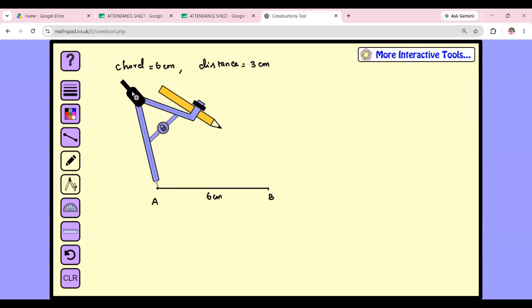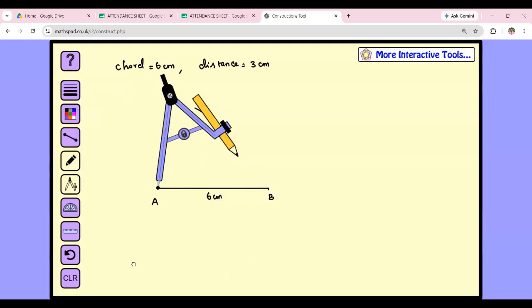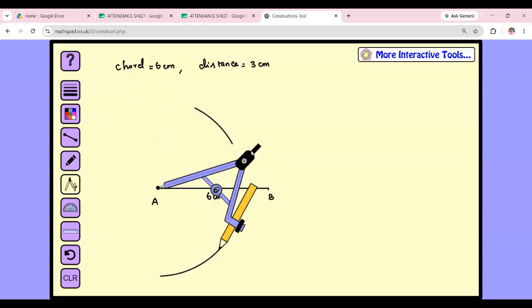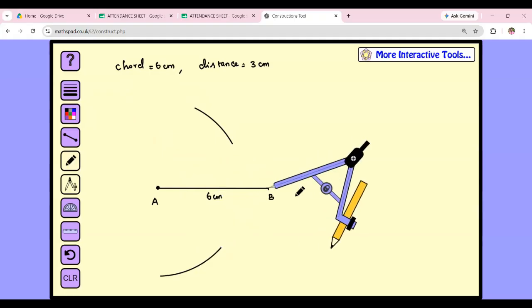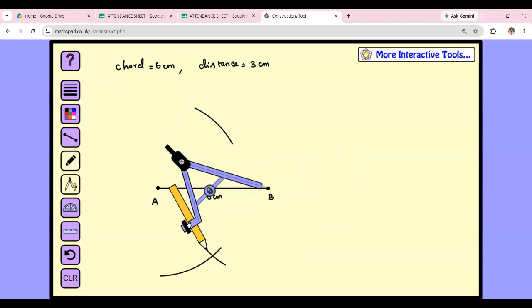With the same measurement, keep the pointer at B and draw the arc up and down.